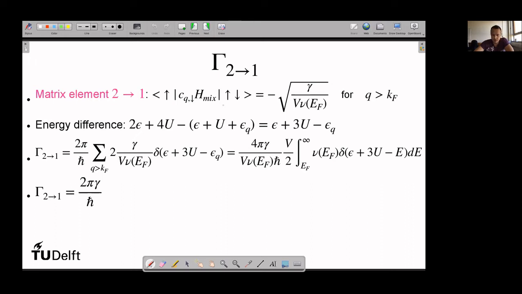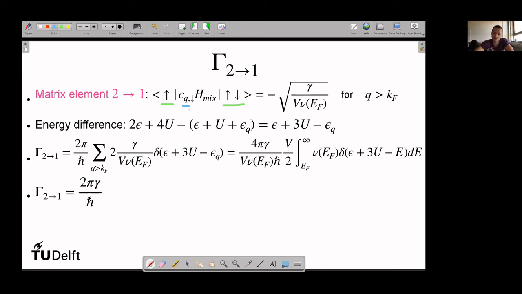Now this is a transition from 2 electrons at the impurity to 1 electron at the impurity. And what we have is, because it's on the left, we have a creation. Here is an annihilation operator, but it acts on the left side. So we have also created an electron with spin down at the metal, with the momentum q.